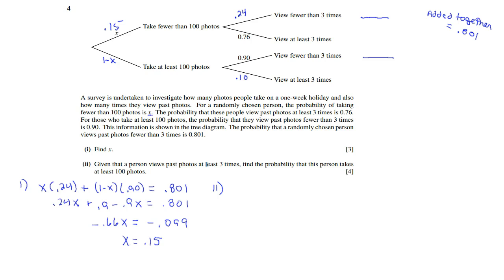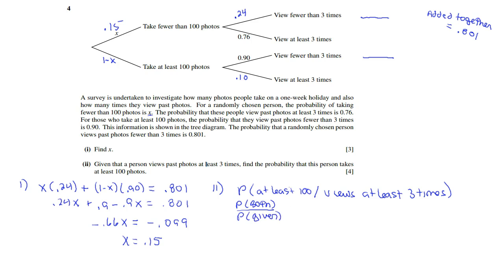Now in part 2, they said given the person views past photos at least 3 times, find the probability this person takes at least 100 photos. Now keep in mind, this is a conditional probability. So if they want to find the probability that they take at least 100 photos, given that they view at least 3 times, well, all we got to do is find the probability of both of these things happening and divide by the probability of the given thing happening.